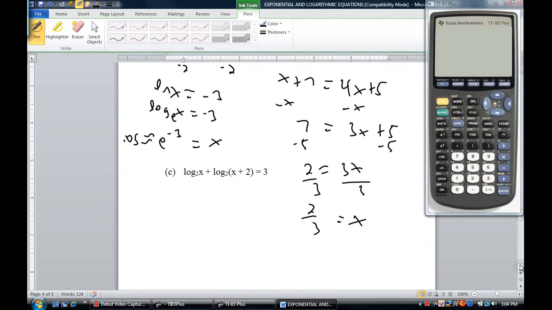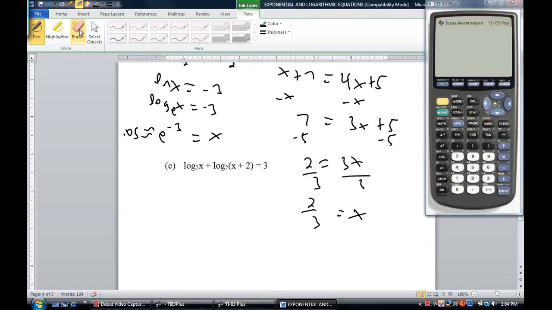Now, let's do question C. I'm going to erase this a little bit so it's not a distraction. What you're going to notice with this one is that we have log base 2 twice on the same side, separated by an addition sign.